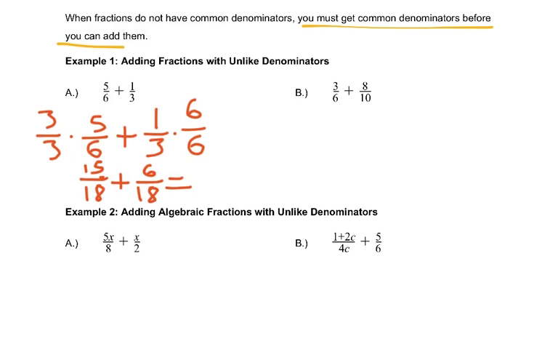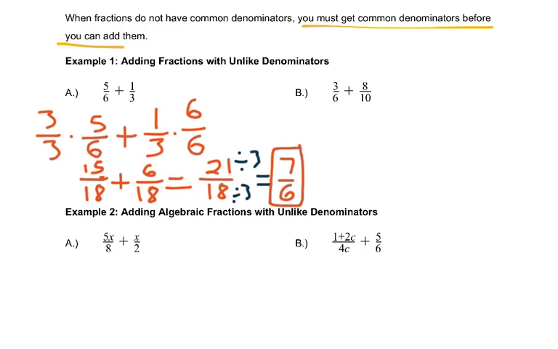So then we can go ahead and add 15 plus 6 is 21 over 18, keep that common denominator. But then we have to remember from task 1 to simplify. So 21 and 18 are both divisible by 3. So I divide those by 3 to get the final answer of 7 over 6.